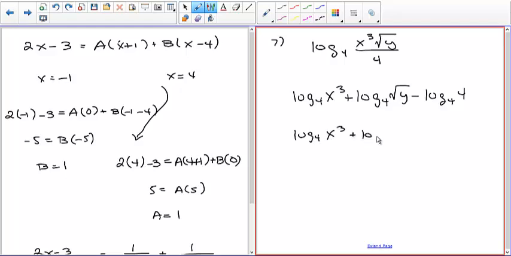I'm going to rewrite any square root or any root as a fractional exponent. So the square root is the same as the half power. So I can bring out the exponent now. And the one people mostly got wrong was that log base 4 of 4 is 1. So if these two are the same, then you can go one more step.